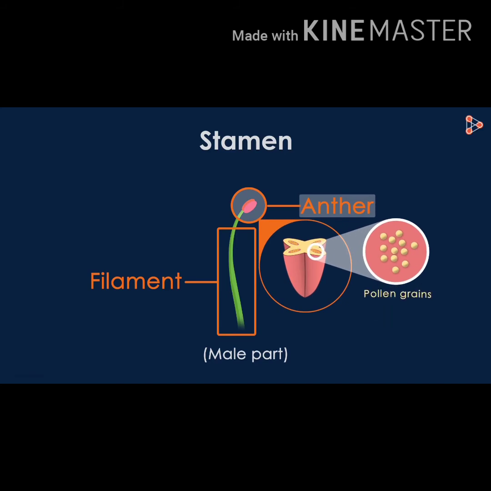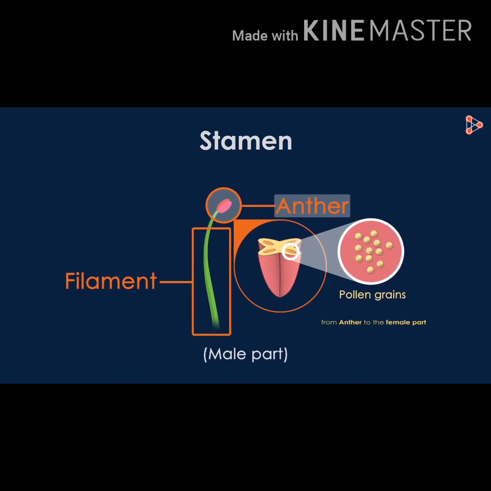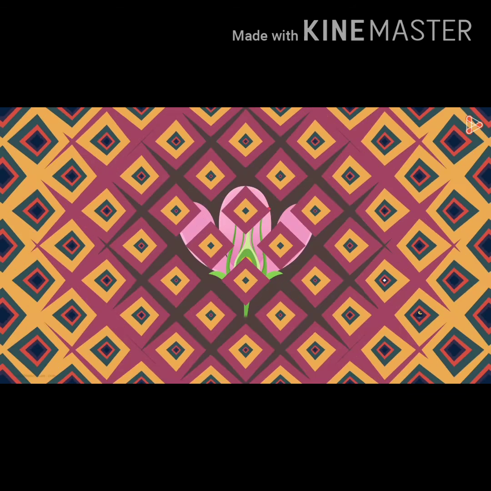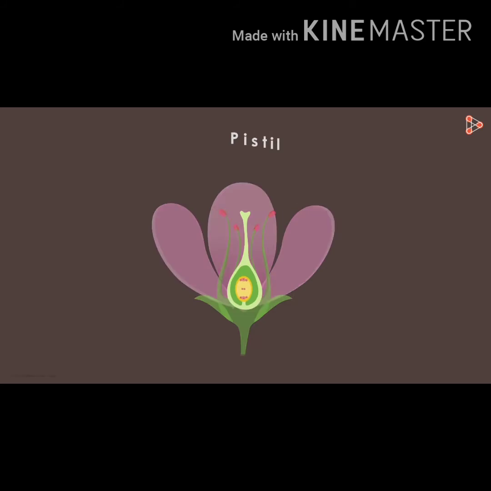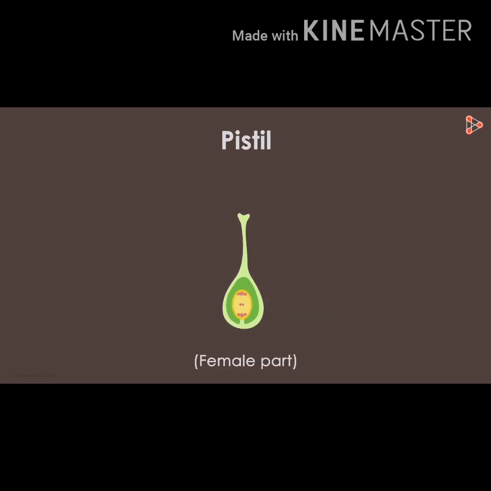Anther consists of minute pollen grains, which are otherwise called male gametophyte, because inside the pollen grain we can see the male gametes, and these pollen grains are transferred from the anther during pollination.